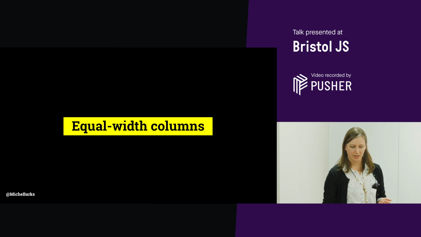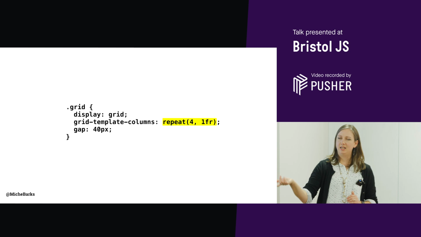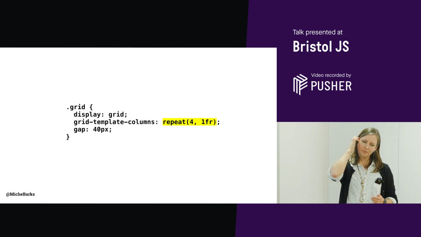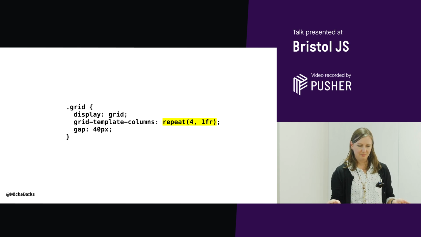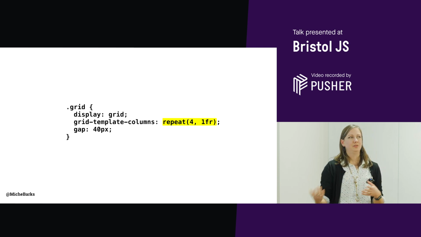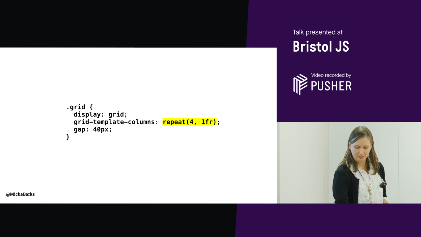So we could use the FR unit in the grid template columns property to create 4 equal width tracks, 4 flexible column tracks, and they all take up an equal proportion of the available space. So that's pretty cool, as it means we've created 4 equal width tracks with a very simple line of code.